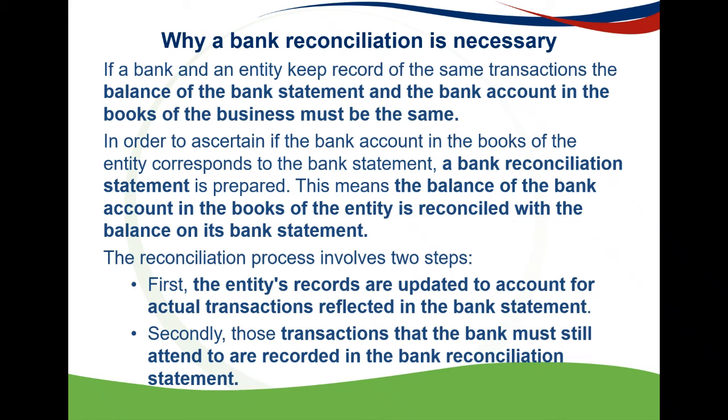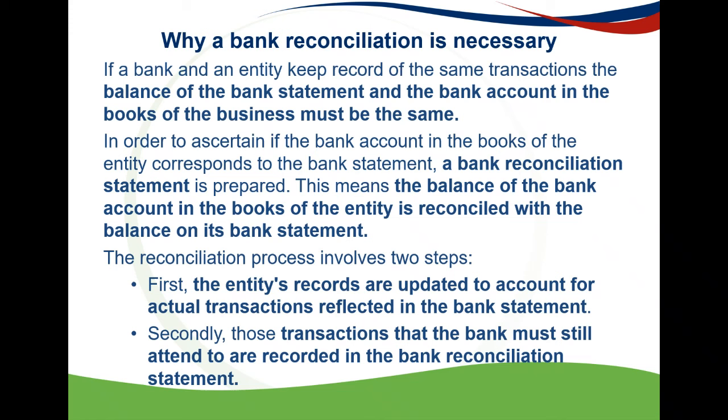In your books, if the balance is 10,000 favorable, meaning a 10,000 debit balance, and all the transactions were also recorded in the books of the bank, then the bank should have a balance of also 10,000, but a credit balance.